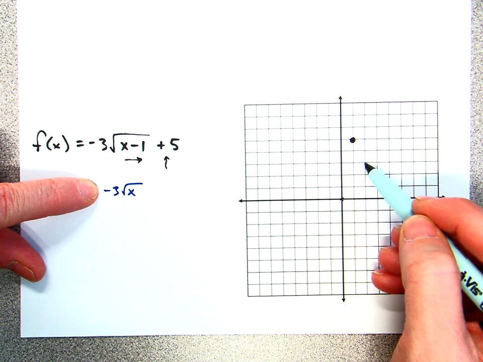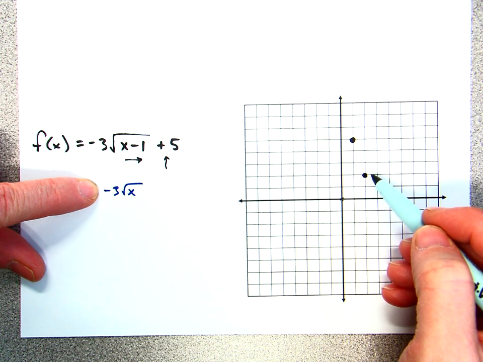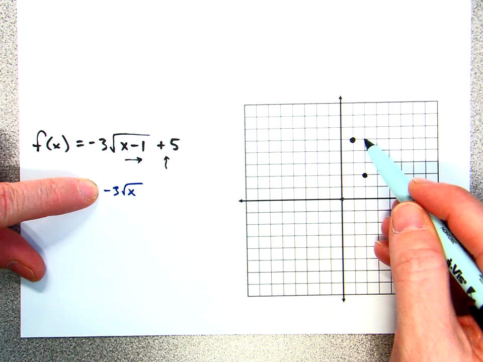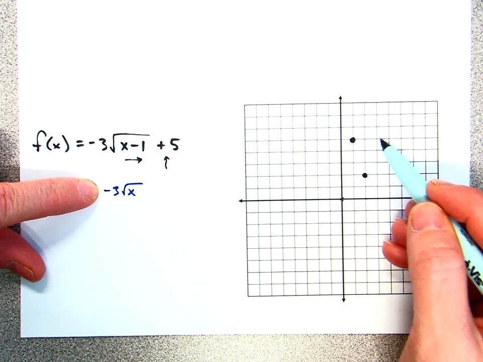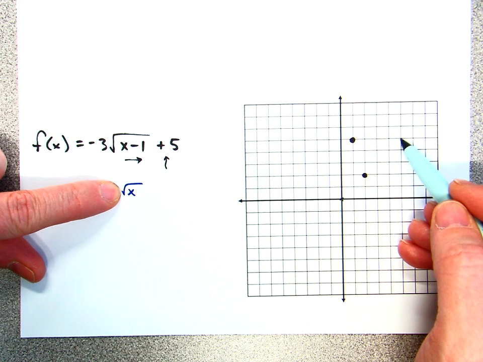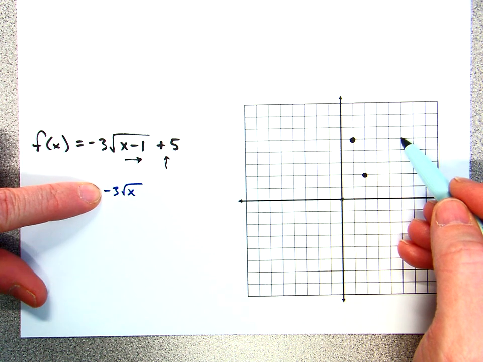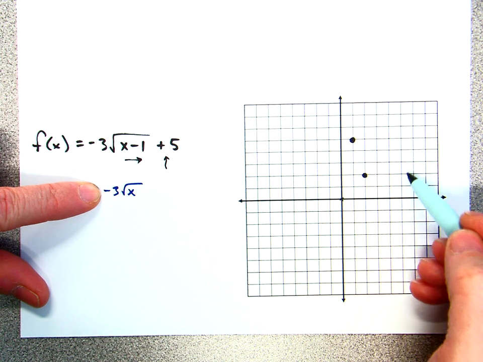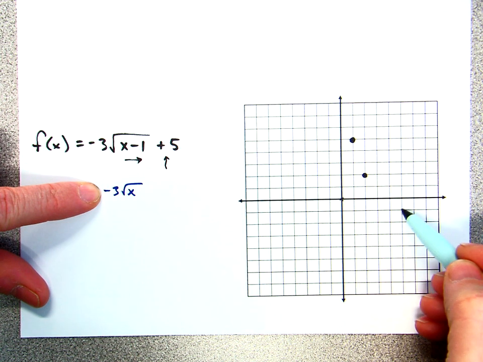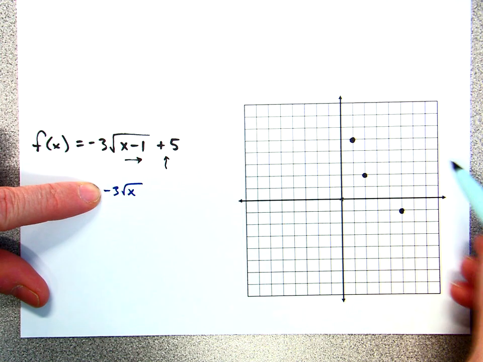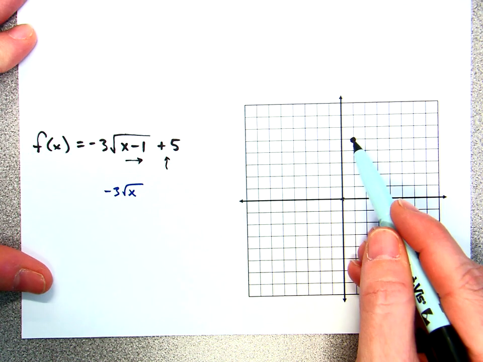So 1, 2, 3. Right? If I pick 4, 1, 2, 3, 4, from here, 1, 2, 3, 4, square root of 4 is 2. 2 times -3 is -6. So 1, 2, 3, 4, 5, 6. Right. If I pick 9, it's going to go off the graph, so I won't pick that. It's going to start here.